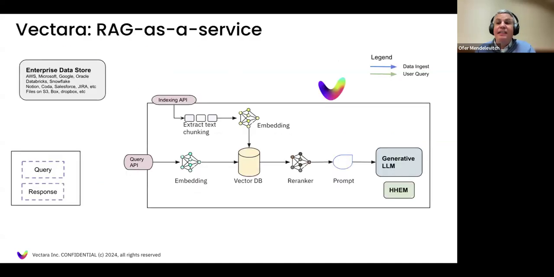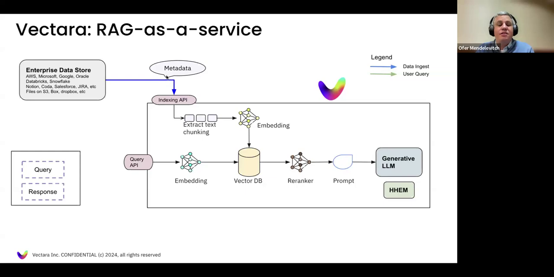This is a little bit of a detailed, more technical picture of what happens inside the box, right? So when you build a RAG pipeline, you have two main flows. The first one is the indexing, where you essentially take data from wherever it is. It could be some apps like Notion or Salesforce or Jira, or even files on S3 or some database or what have you.